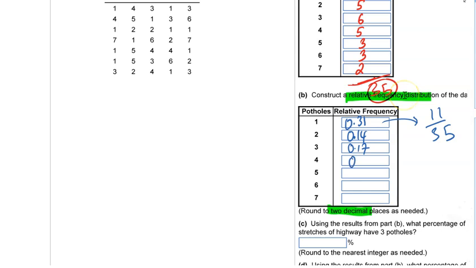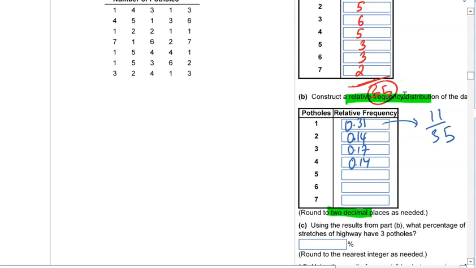Then 0.09 for 5, 0.09 for 6, and for 7 the relative frequency is 0.06.